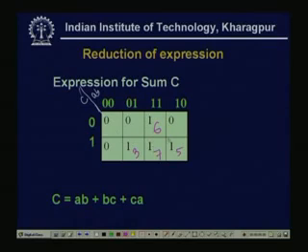Then what will be the min terms? Here there are couples possible.